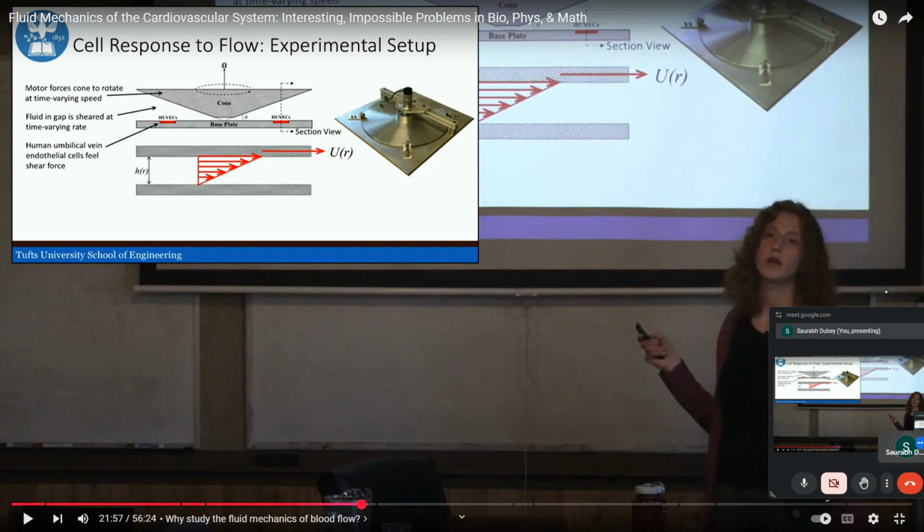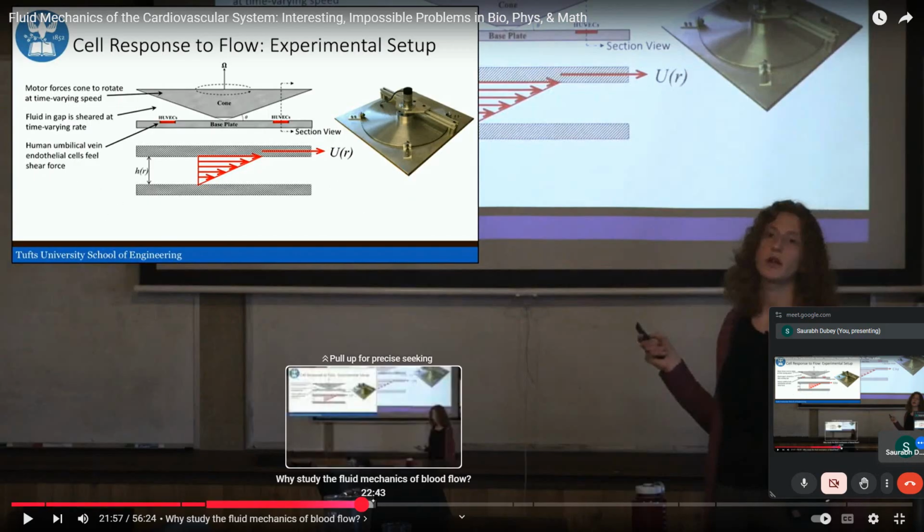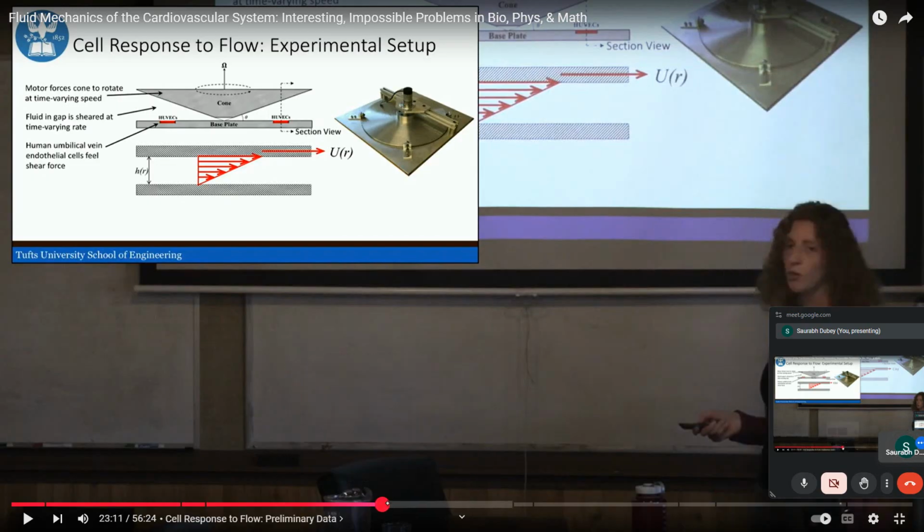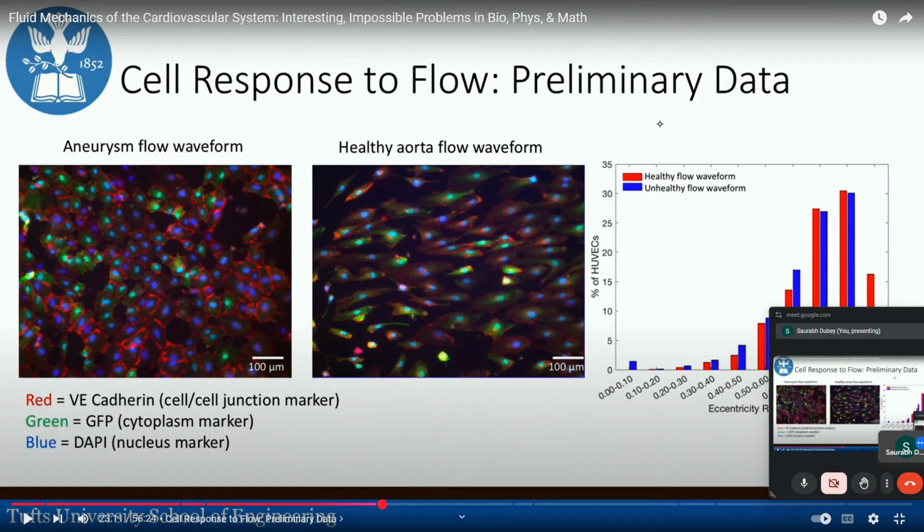So there is this U, R, this is the base where this is R, and then this is the height H. So that has been used, and then the cell response to the flow, where this is the aneurysm flow waveform and then the healthy flow waveform.